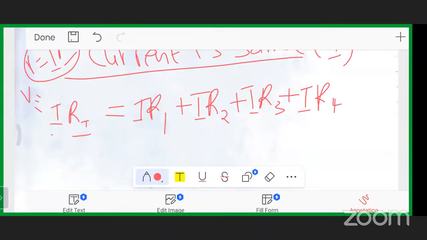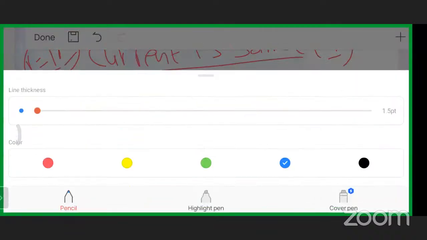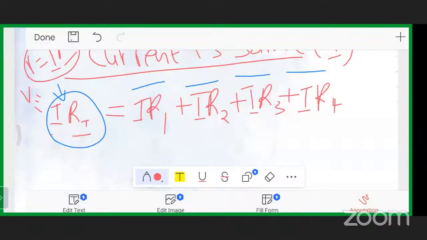So what are these terms I'm writing? Let me repeat. This one here is the total voltage in the circuit obtained from the total current and the total or effective resistance. And this total voltage should be the same as the sum of the individual voltage drops in each resistor: the first, the second, the third, and the fourth. Then on the right-hand side, we can factor out I, because I is common throughout.